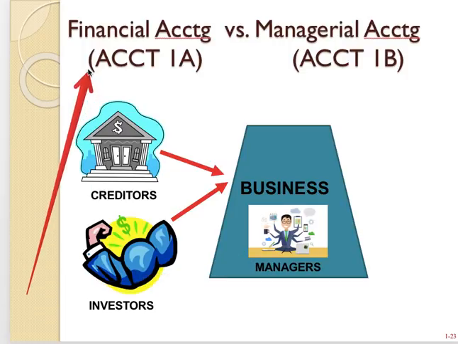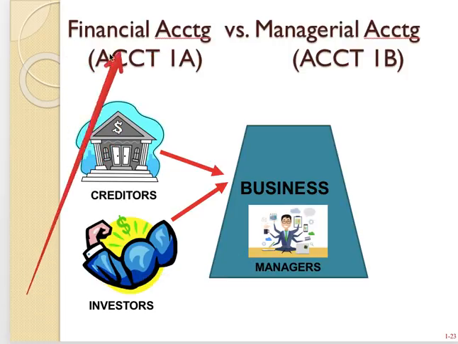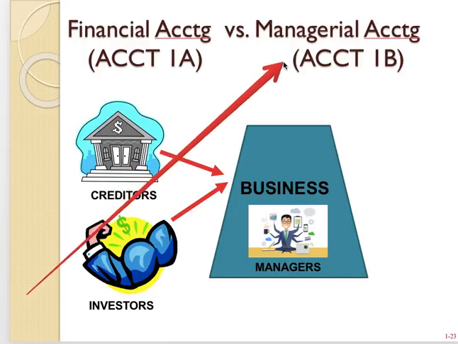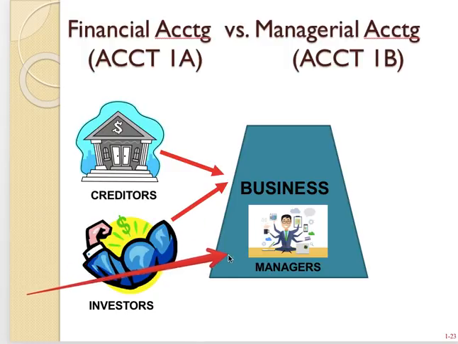Now, in this particular class, Financial Accounting, Accounting 1A, we're going to focus primarily on the financial information for investors and creditors who are external parties outside of the business. However, in managerial accounting, which is Accounting 1B, we're going to do more detailed accounting, and that is going to be for managers. And again, managers are internal to the business because they're the ones who are making the business decisions.